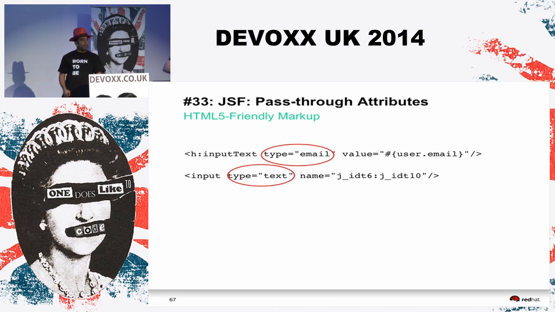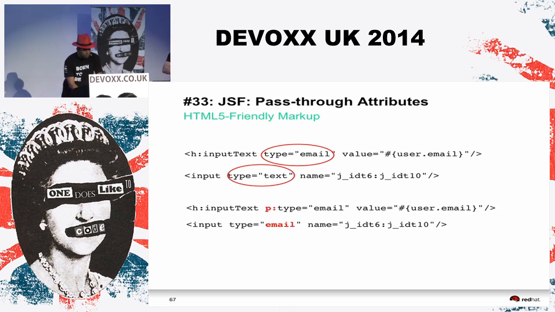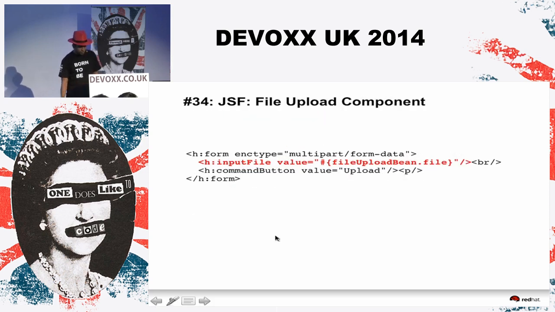That kind of defeats the purpose of being HTML5. So now what you can do is you can say, I can have p:, p being just a random prefix specifying the pass-through namespace. You say this is in the pass-through namespace. Just pass it along as it is to the render kit or to the generated HTML, and let the render kit define how it's going to generate the corresponding HTML. So it just generates type equals email for you.